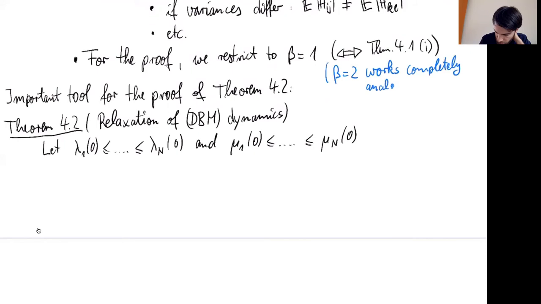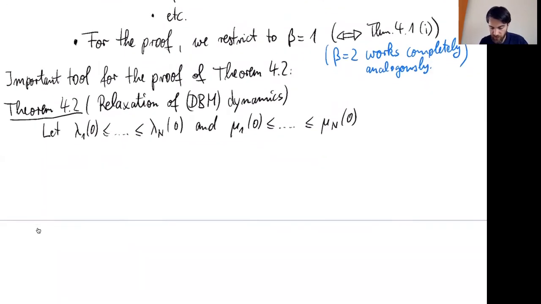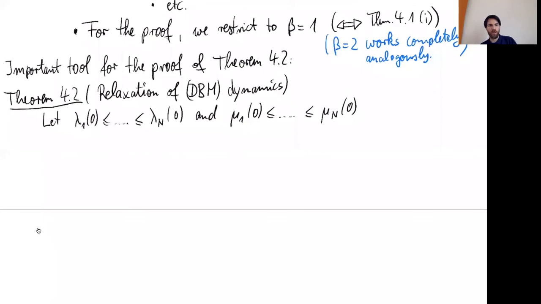So all results I state now have a clear version for beta equal to 2, and the proof is actually exactly the same. So yes, we start from two families which are eigenvalues of two Wigner matrices.